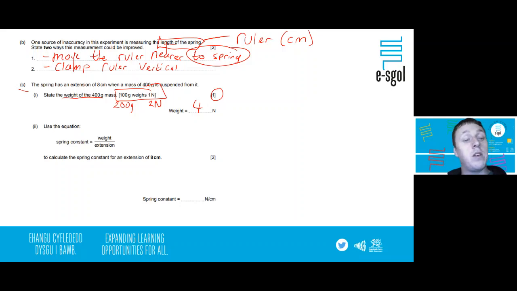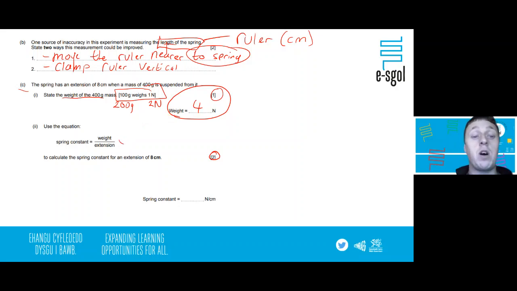Part 2 is to use an equation. That's why we see 2 marks awarded here, to calculate the spring constant if we have the combination of weight and extension correct. Remember, if this value is wrong, you do have the opportunity to use part 2 equation correctly.